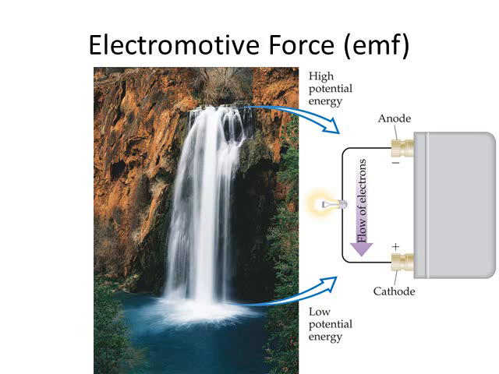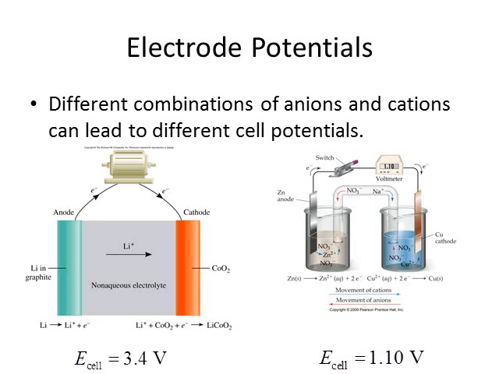This difference in potential energy can be captured in the cell EMF, which is the change in energy per unit charge. However, one thing we have to consider is that we have a lot of different combinations of anions and cations. If you look at the list of standard reduction potentials, you see a lot of different half reactions we can use.